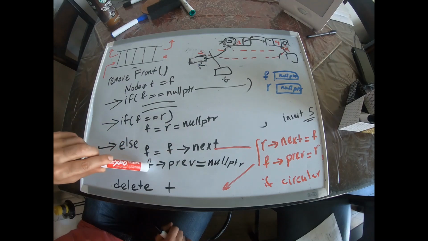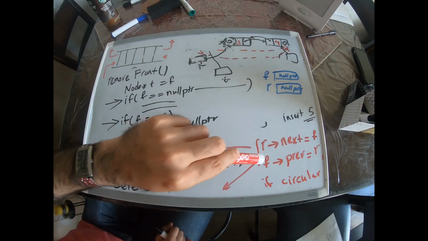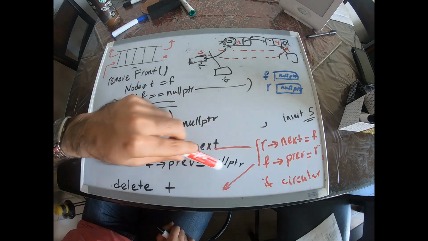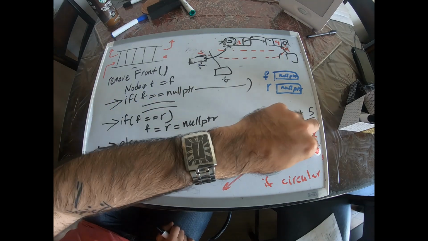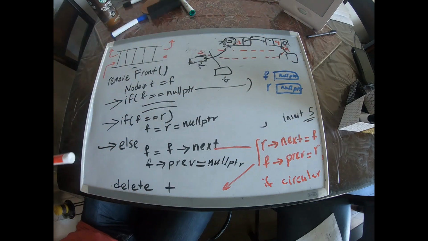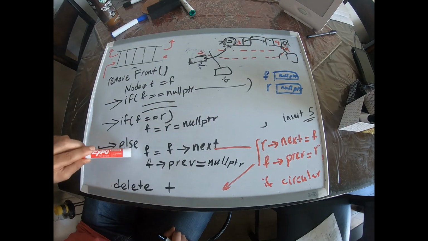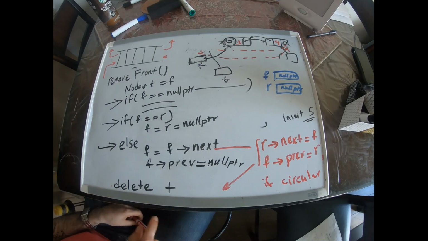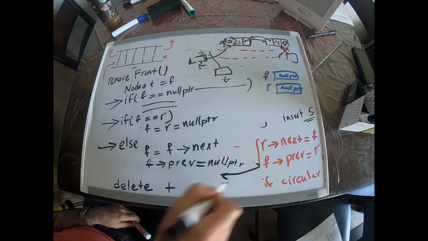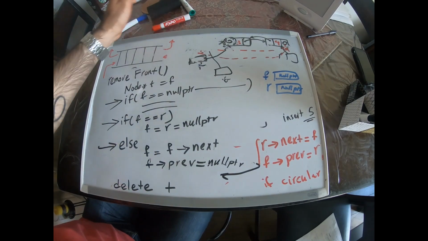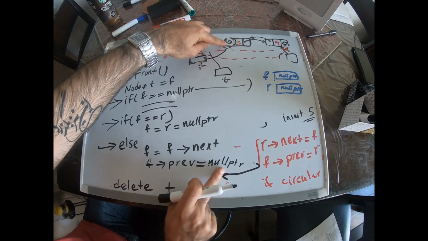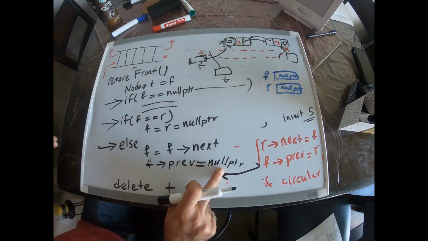So instead of F arrow previous becoming a null pointer, it has to become rear, and rear arrow next has to become front. So you have to do these two operations here, like in this case over here, to make it a circular linked list. If you want to make it the linear linked list, this is not needed. You just have to make sure that this is null, and this is already null.